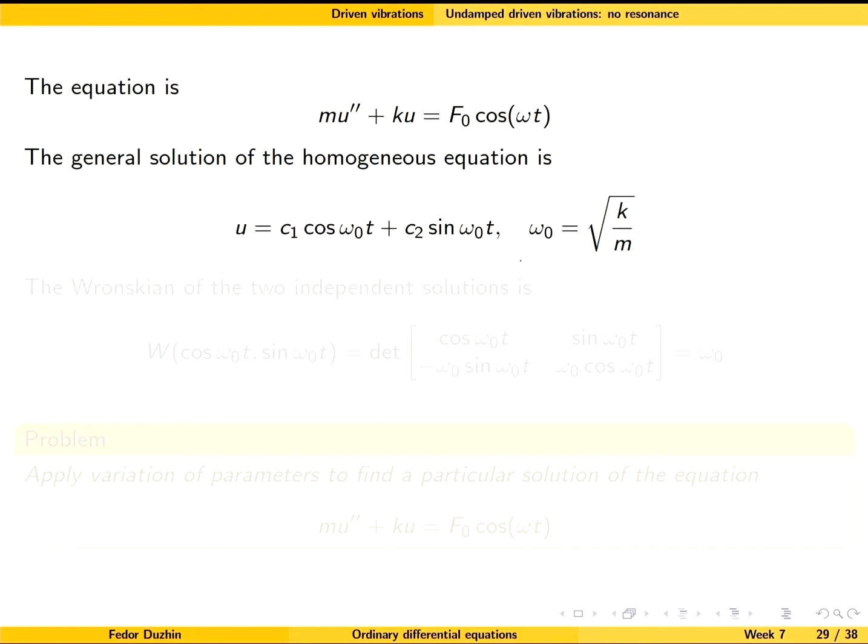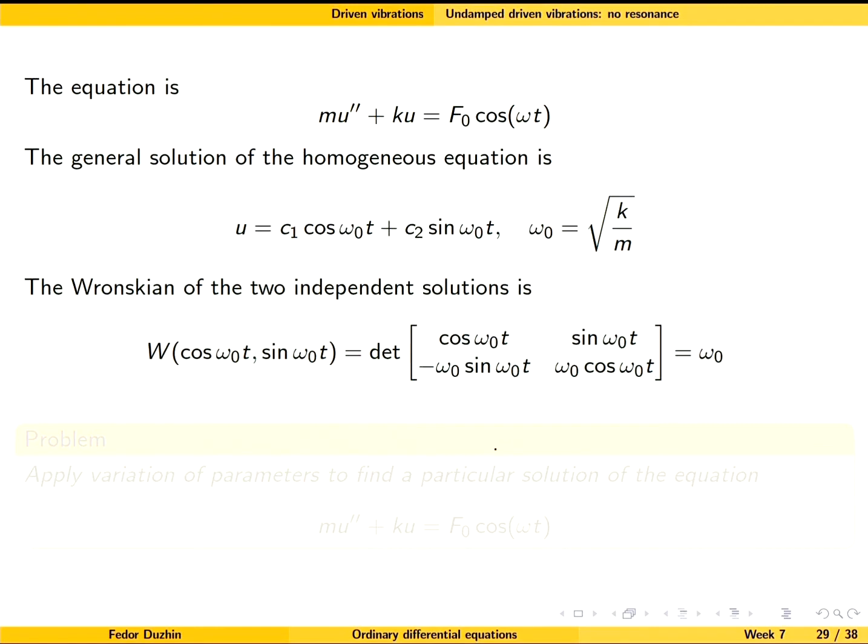By the way, this is important: omega naught is square root of k over m, so if you take omega naught squared, you're going to get k over m, so m omega naught squared minus k is going to be 0. You will see why this is important in a minute.